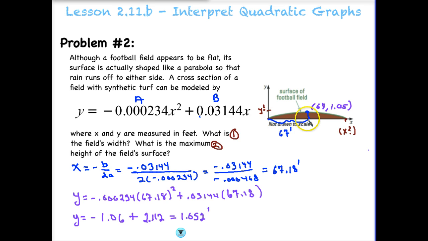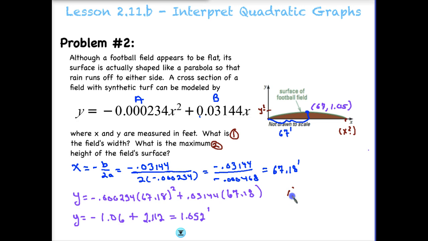So basically that means that the football field goes up about a foot at the highest point, so that way the water can drain. So we've answered number one. Oh, nope, we haven't. Number one, what is the field's width?